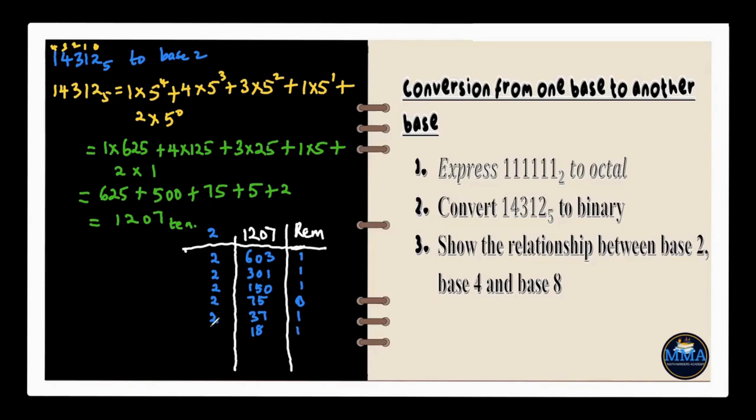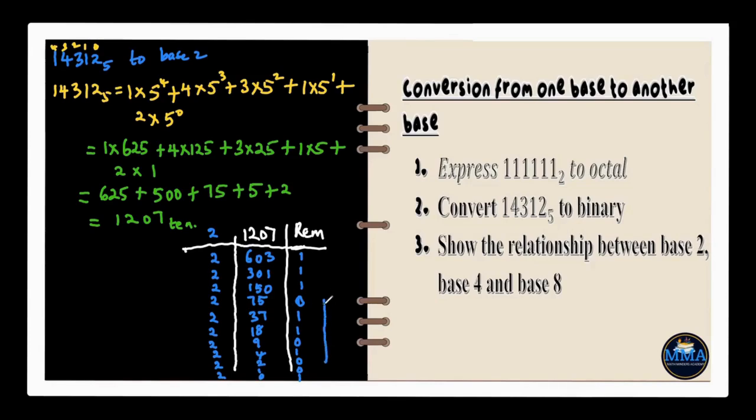Remainder 1. Divide by 2 again, we have 9. Remainder 0. Divide by 2 again, we have 4. Remainder 1. Divide by 2 again, we have 2. Remainder 0. Divide by 2, we have 1. Remainder 0. And you divide by 2 again, we have 0, remainder 1. So it's quite long.